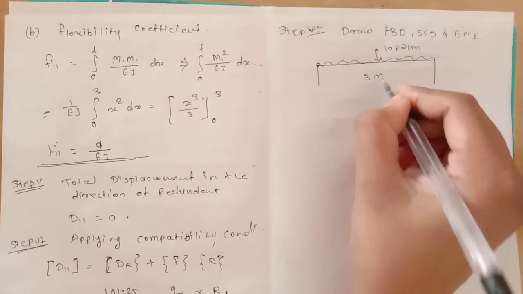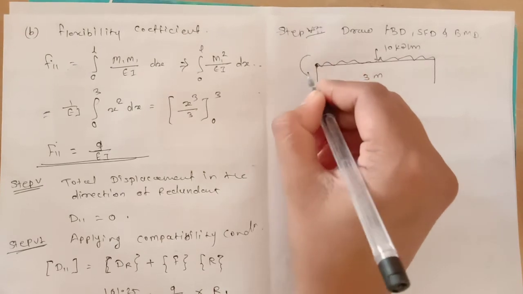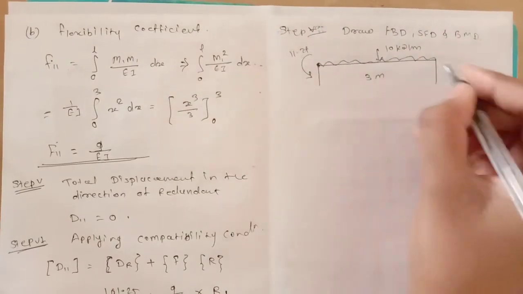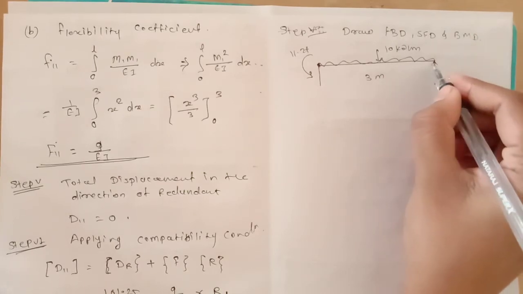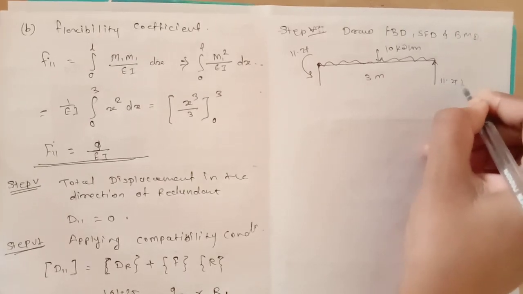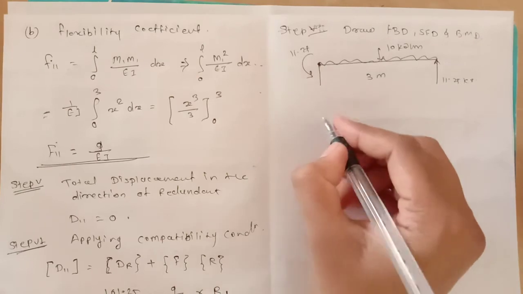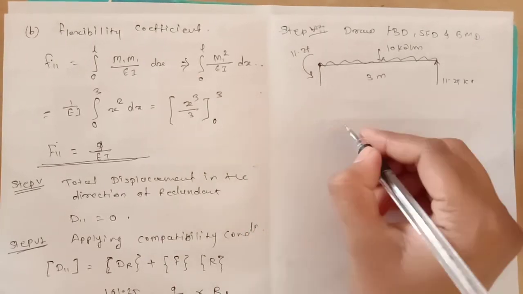Total span is 3 meters. Here the reaction at point B is 11.25 kilonewton. So first draw the shear force diagram.